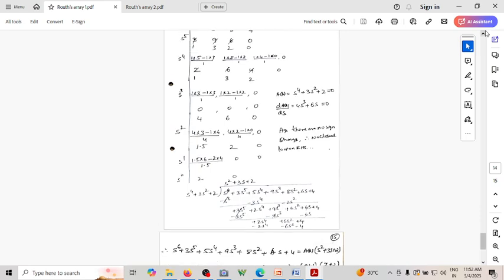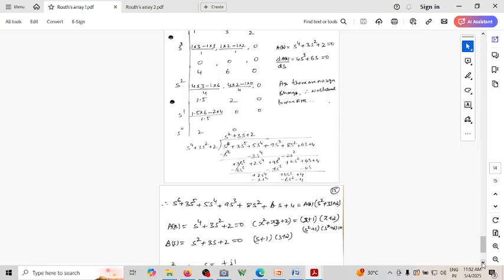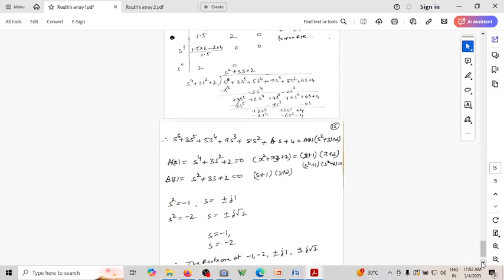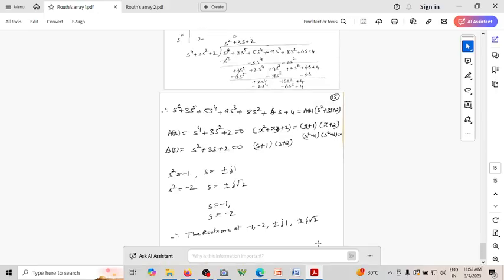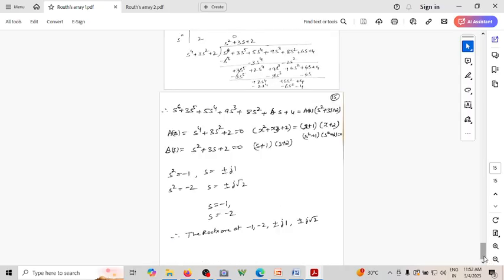What is the first column of your roots array? So your roots array is actually giving all the poles, because there is no sign change in the first column of the roots array. When there is no sign change, it means there are no poles to the right hand side of the plane. But you can see it is minus minus, both are on the left hand side, but the poles are on the imaginary axis.